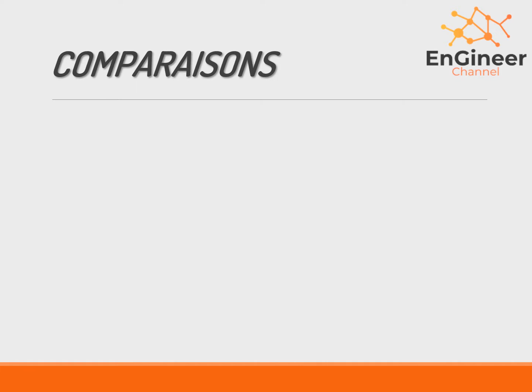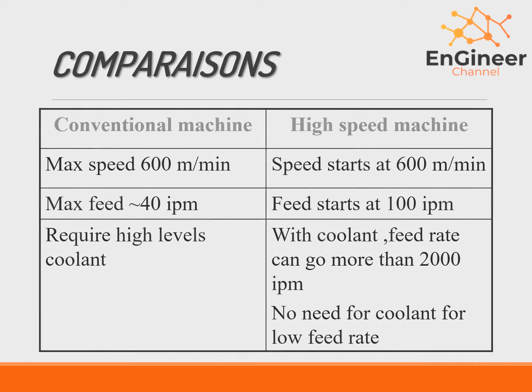Seeing now some comparisons. When we want to compare the conventional machine with the high-speed machine, for example, in the conventional machine, the maximum speed is 600 meters per minute, but in HSM the speed starts at 600.